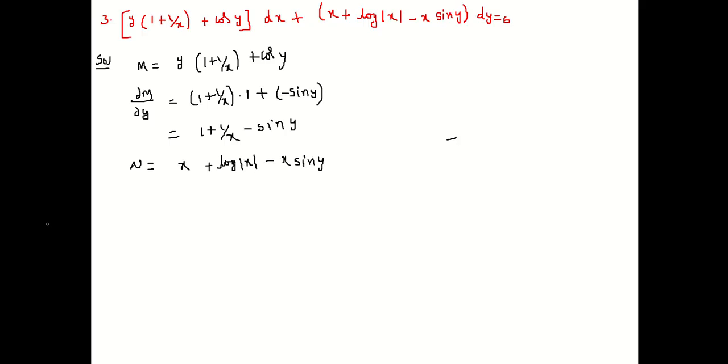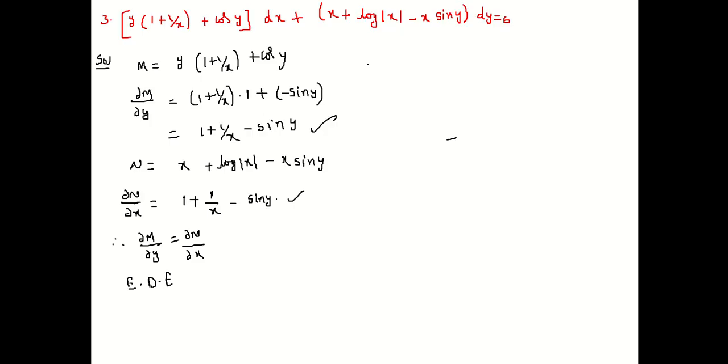Now differentiate N with respect to x partially: the derivative of x is 1, the derivative of log|x| is 1/x, and sin y is constant, so the derivative of −x sin y is −sin y. So ∂N/∂x is 1 + 1/x − sin y. Both values are the same, therefore ∂M/∂y equals ∂N/∂x, so the given differential equation is an exact differential equation.